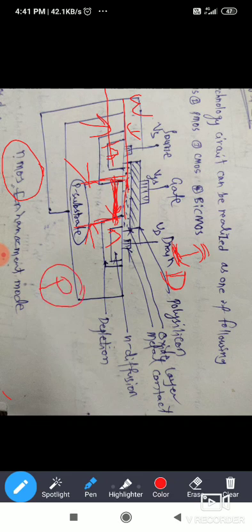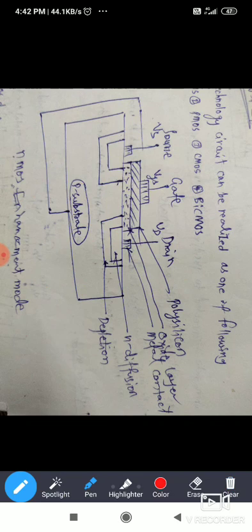For PMOS enhancement mode MOSFET we will use N substrate. Are you understanding? For NMOS we will use P substrate. For PMOS you will use N substrate. Just we will see PMOS, just an overview.